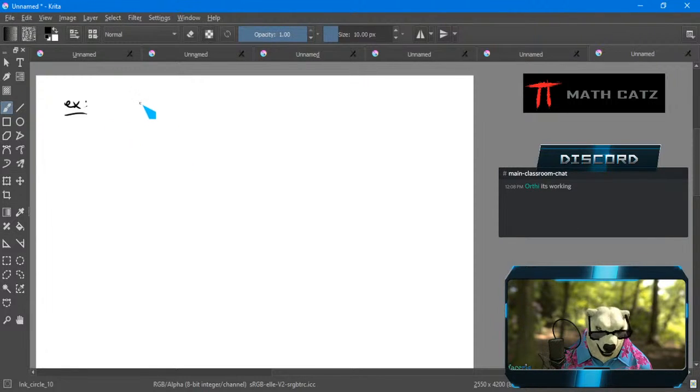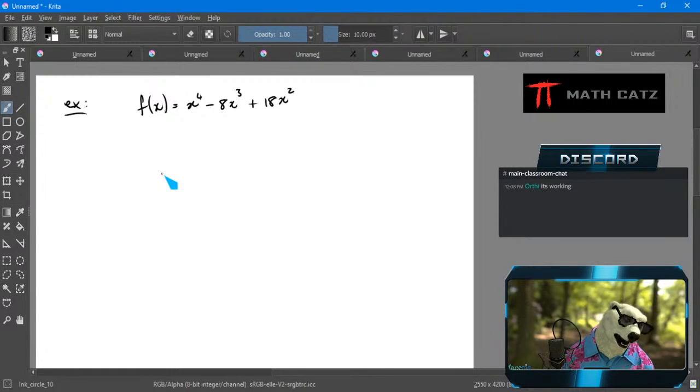So let's look at a function. x to the 4 minus 8x cubed plus 18x squared. There's a function. I don't know what it looks like. Who knows? Now, in order for me to do step 4, I need to find the second derivative.